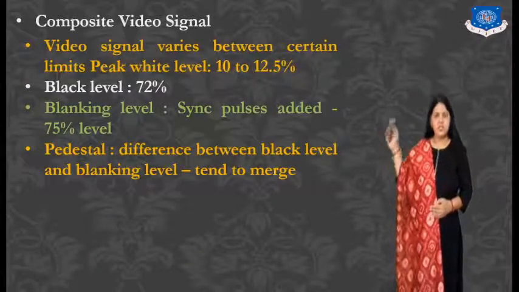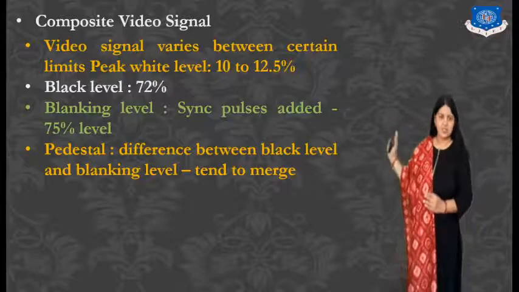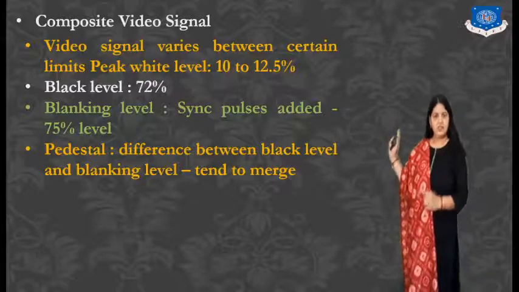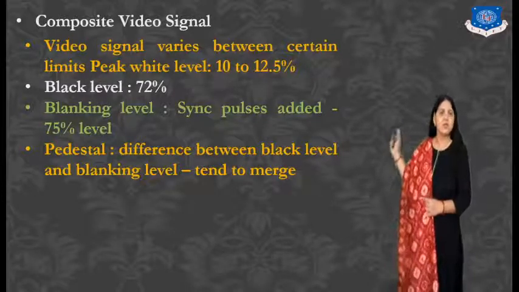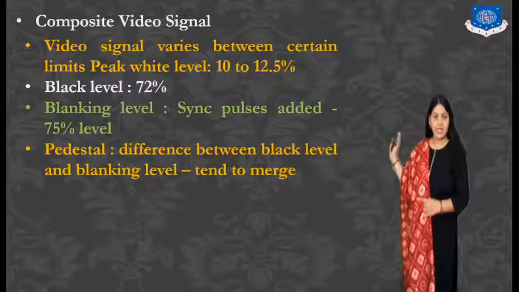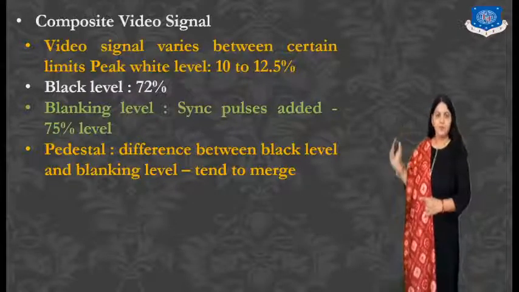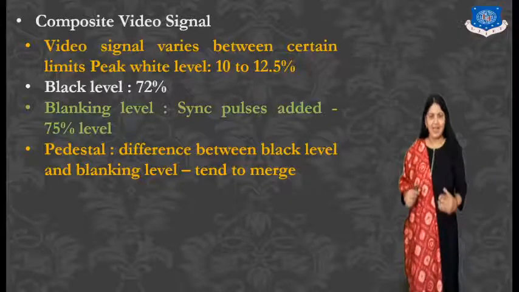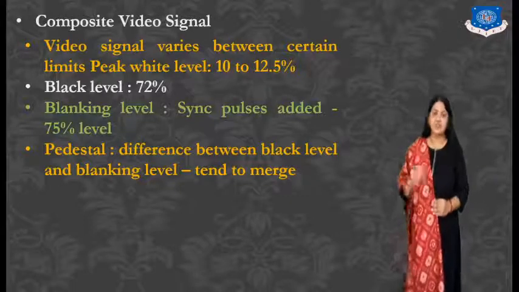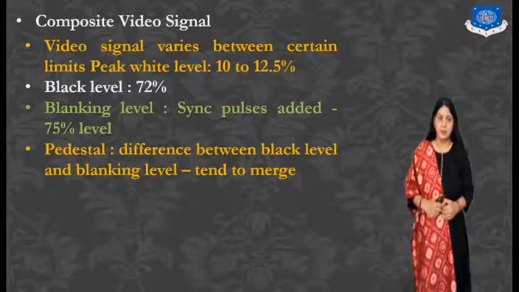This is the information regarding the composite video signal. The video signal varies between certain limits: peak white level at 10 to 12.5%, and the black level, as we have seen, at 72%.